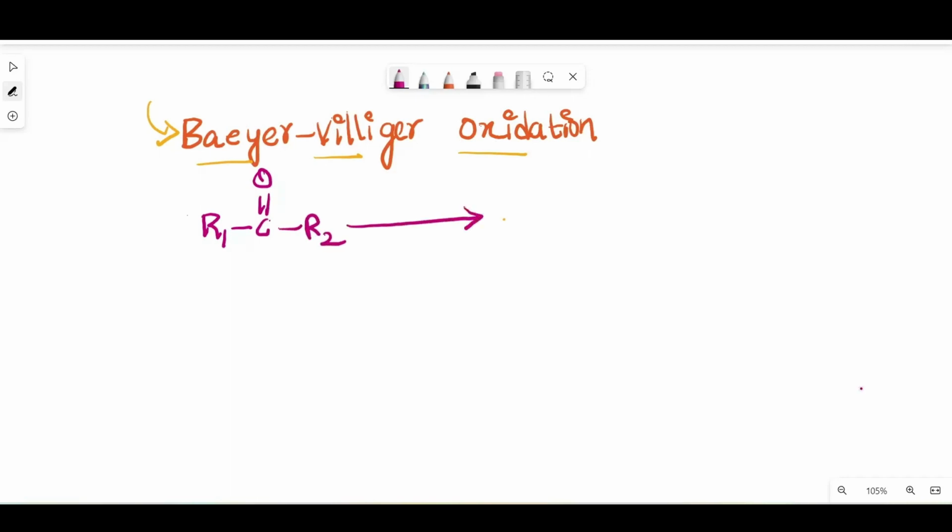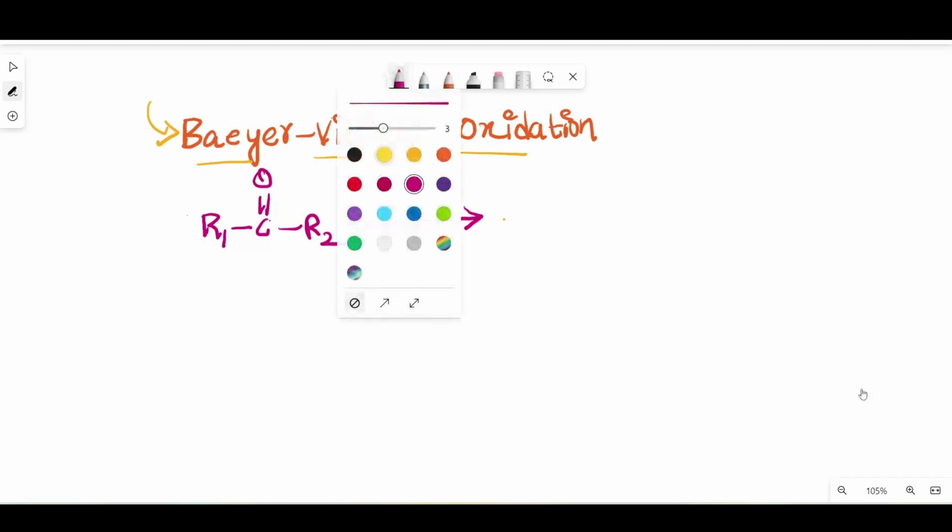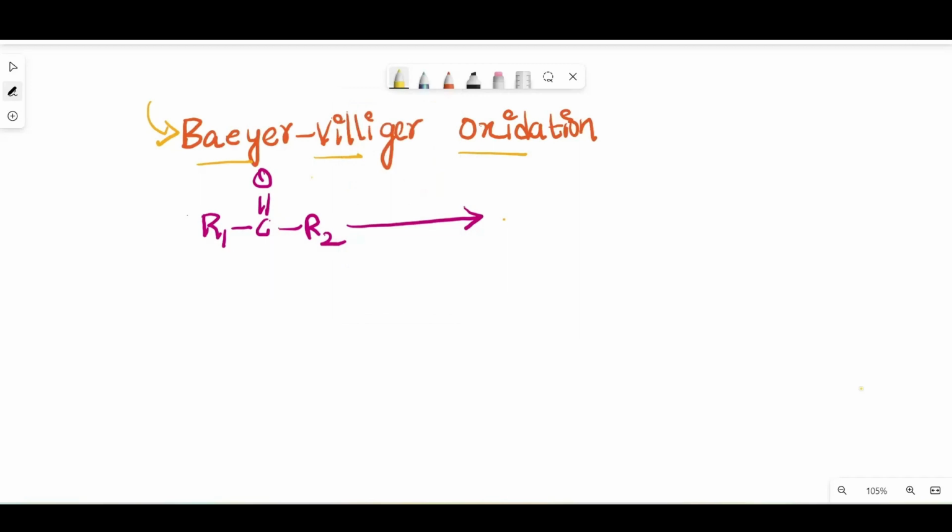Generally in this reaction ketones are oxidized in the presence of peracids like mCPBA, or H2O2, or RCO3H. We can take any peracid. Peracid means a general acid has only two oxygens, RCOOH. Here we are having three oxygens. This is called a peracid. You can remember it like this.